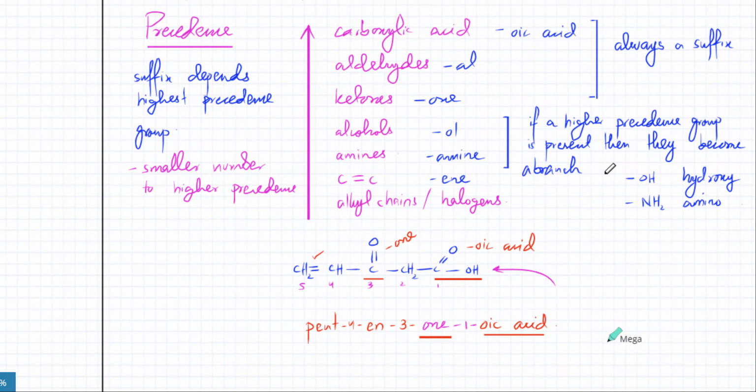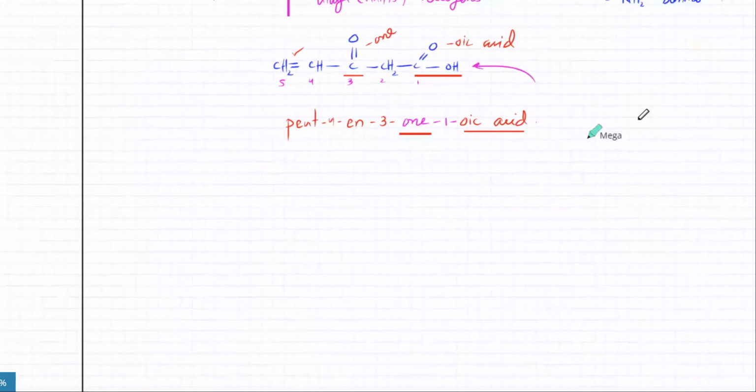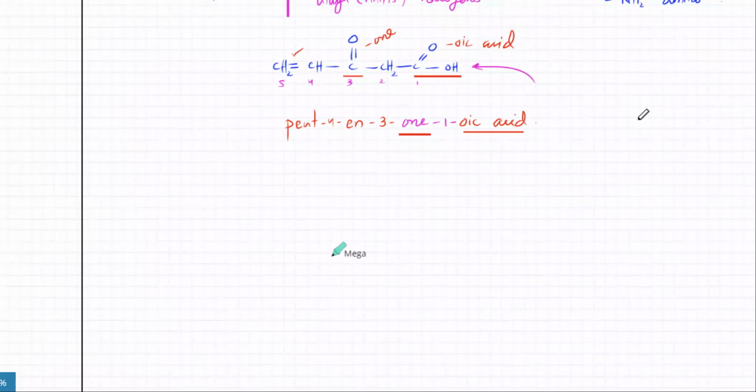Now we're going to come to this. When it comes to alcohols and amines, what happens is that if a higher precedence group is present, then they become a branch. What does that mean? This is how branched molecules are named. Branched molecules are named in this order: you have the main molecule, and that's known as your main chain.